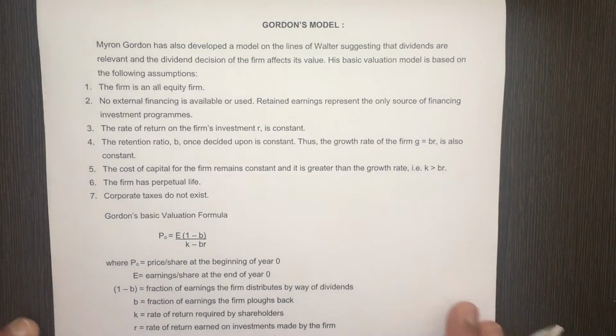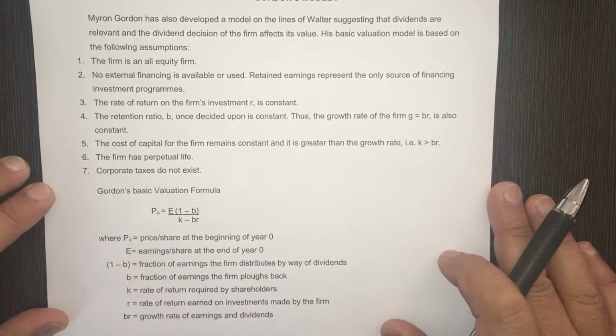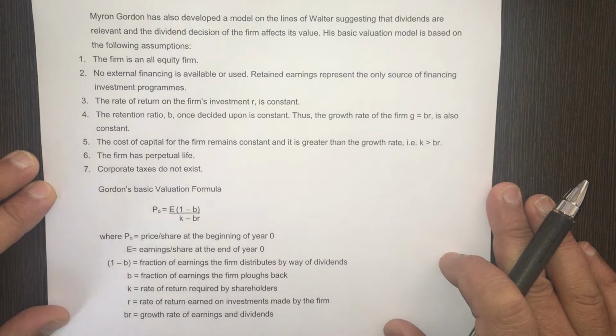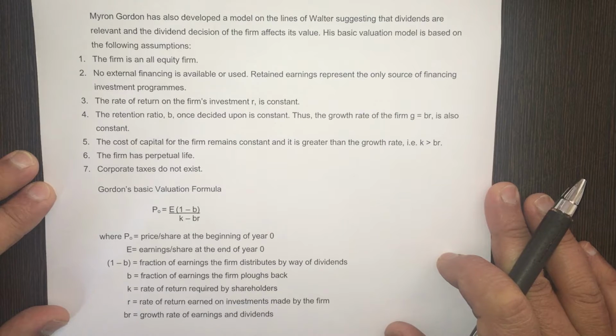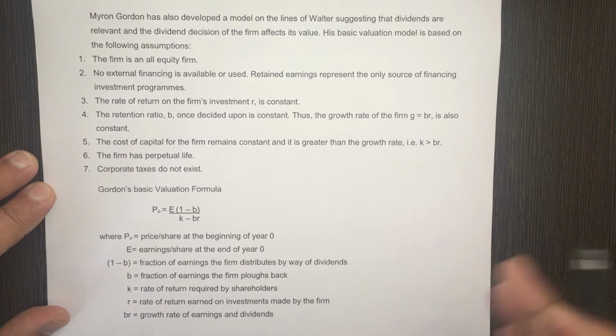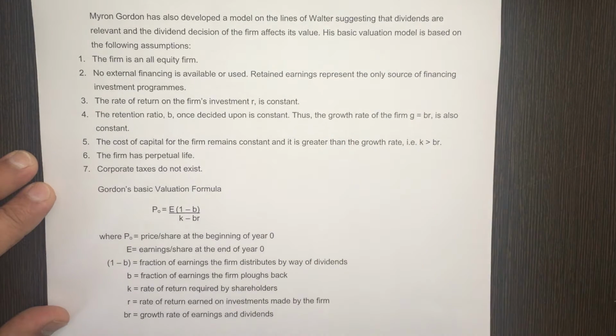Again, I repeat, according to Myron Gordon, the dividend policy and the dividend decision of a firm will affect its firm value. And his basic valuation model is based on the following assumptions.